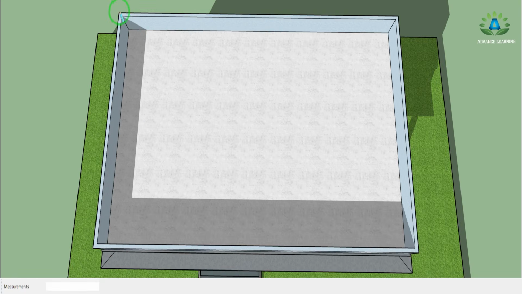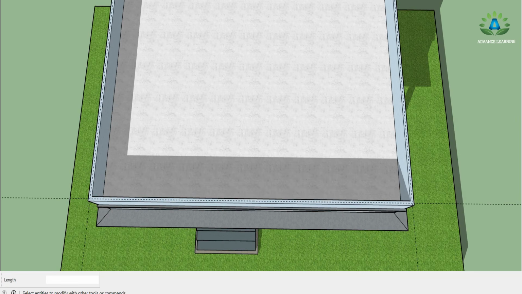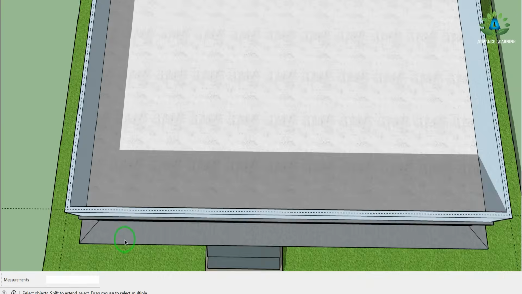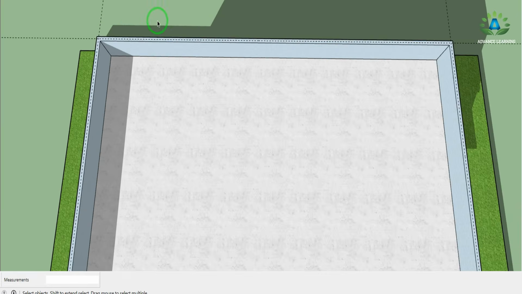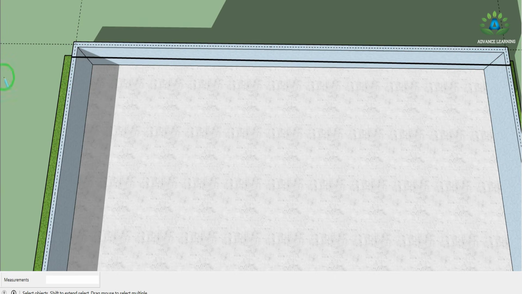So here we can see that we have this width of 0.1 meter, it can be seen from our section on PQ. So we have these parapets of 10 centimeter, and this is our center line. And now we are going to calculate the center line of this side. So to calculate the center line, we need to first calculate the total outer to outer dimension of this side, and then subtract this small portion, that is 0.1 by 2 from this side, and here also 0.1 by 2.